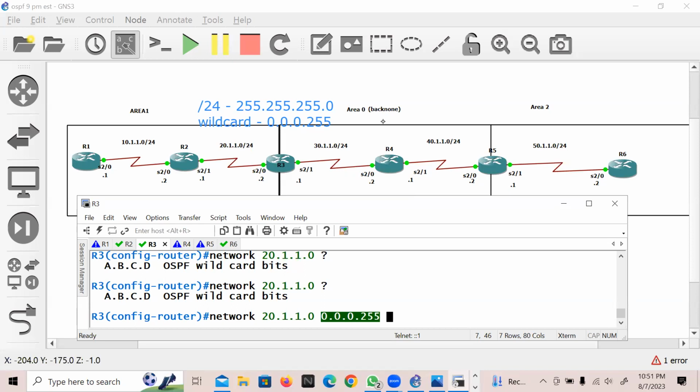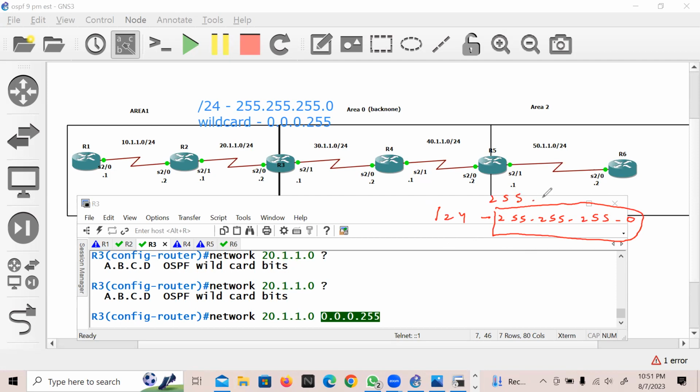So suppose you have a slash 24 network. This is the subnet mask. If you want to know the wildcard of this subnet mask, simply you have to subtract it from the full subnet mask. Sorry, subtract, not divide.